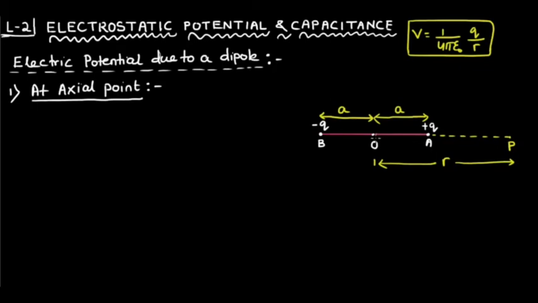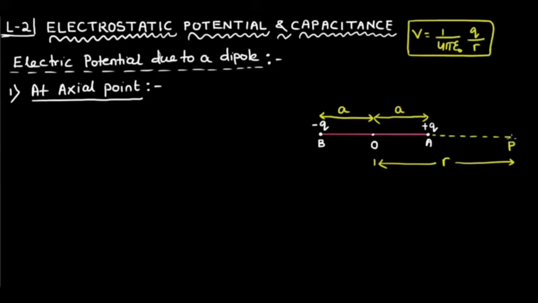O is the center of the dipole and I have considered a point P on the axis of the dipole which is at a distance r from the center O of the dipole. Since O is the center of the dipole, BO length is small a and OA length is also small a. So we have to find the total electric potential at the point P.